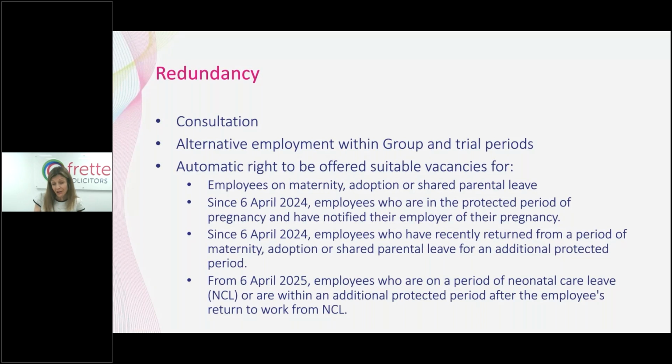You don't have to create new jobs, but if you've got jobs that you think on the face of it aren't suitable for that employee because it's a lower level of seniority or a lower level of pay, I would say offer them anyway. Offer any vacancies that might be suitable, and let the employee tell you that they're not interested in those vacancies. So think about vacancies that are on a temporary basis, lesser pay, lesser status, or obviously vacancies at other sites and other group companies.